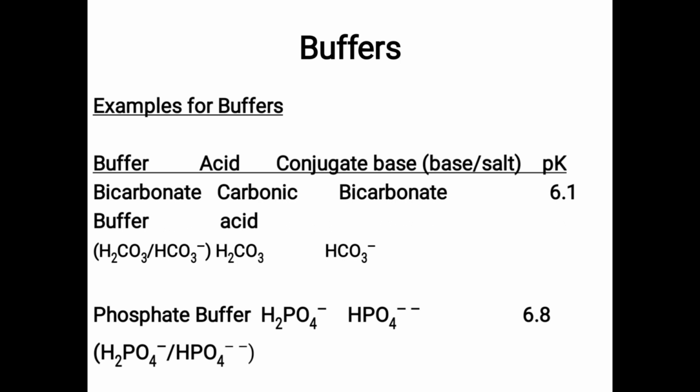Also the phosphate buffer, dihydrogen phosphate and hydrogen phosphate, H2PO4 and HPO4. The pK value of the bicarbonate buffer is 6.1, which is close to the blood pH. The phosphate buffer is a urine buffer, and its pK value is 6.8.